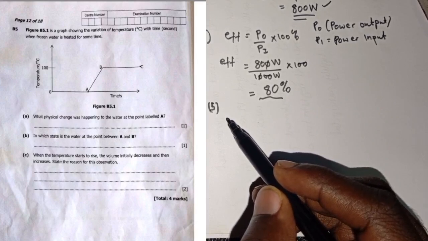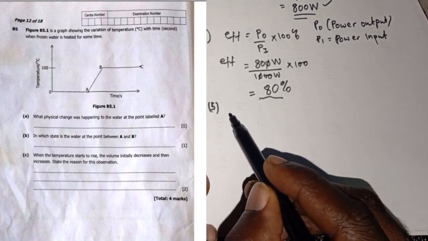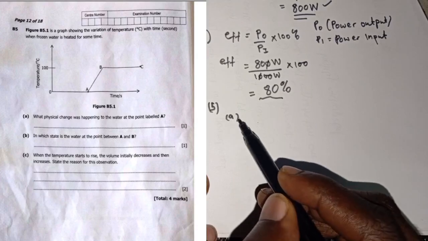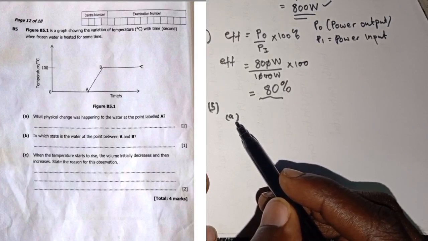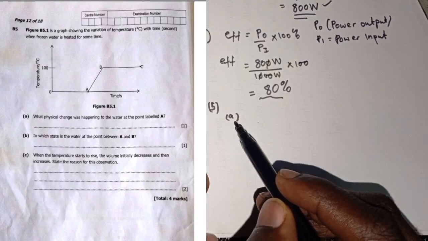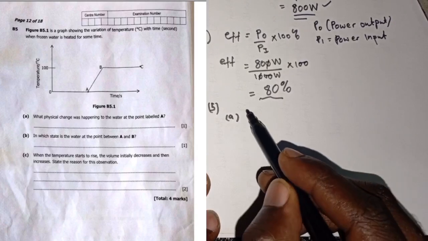So that was frozen water. Question B5A says, what physical change was happening to the water at point labeled A? We know frozen water is simply ice.